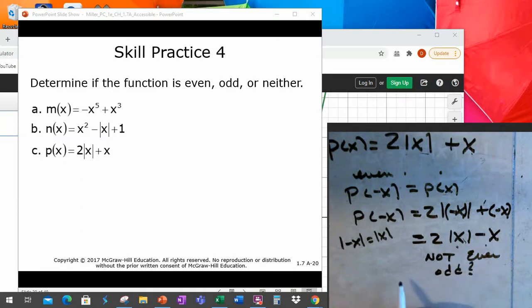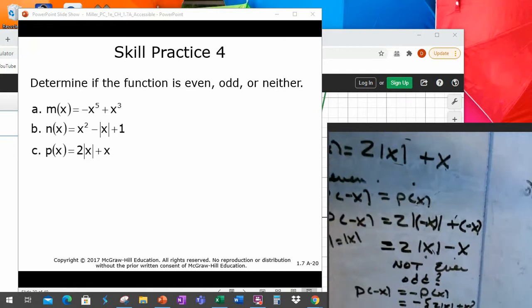Well, to be odd, this would have to be the negative of that. So if I multiply negative 1 times, I'm going to put a brace, 2 absolute value of x plus x. Let me slide this over so I catch the other half of this.